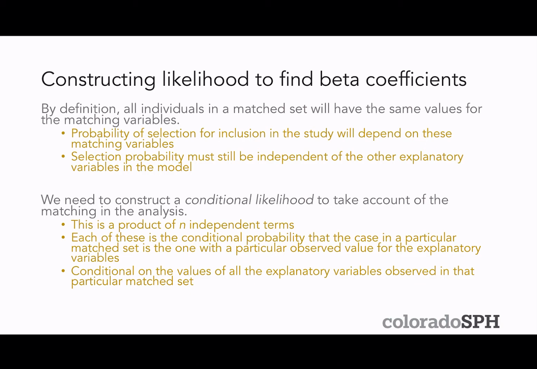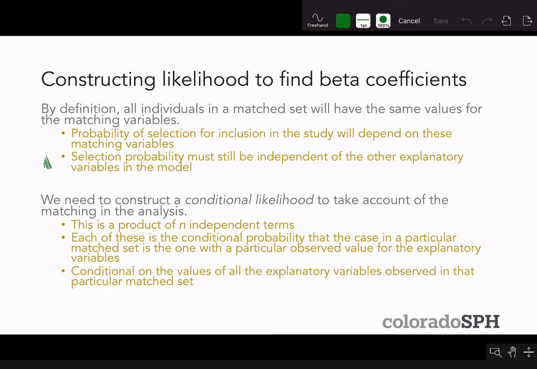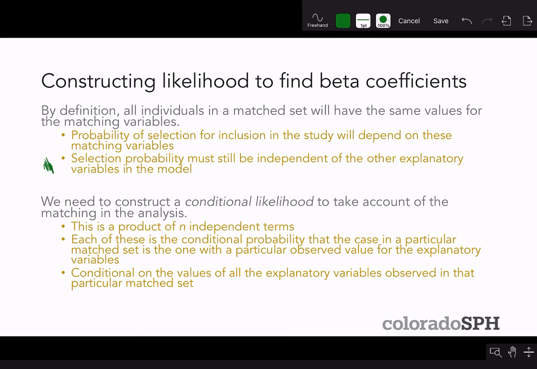So how do we construct a likelihood to find those betas in this setup? Well, by definition, all individuals in a matched set will have the same values for the matching variables. So the probability of selection for inclusion in the study will depend on these matching variables. However, selection probability for the other explanatory variables is assumed to be independent.